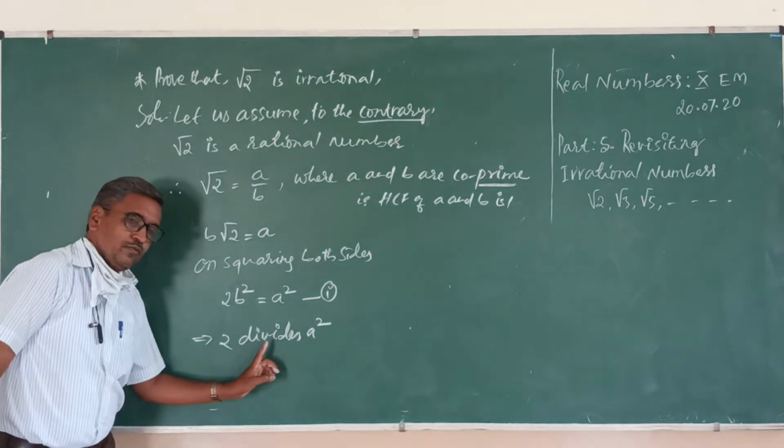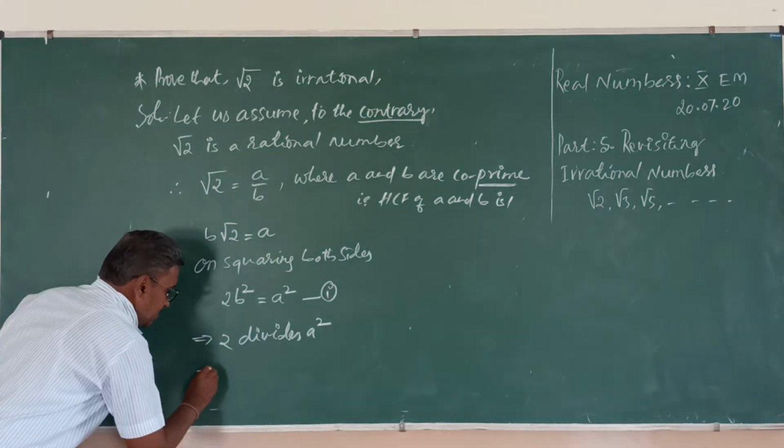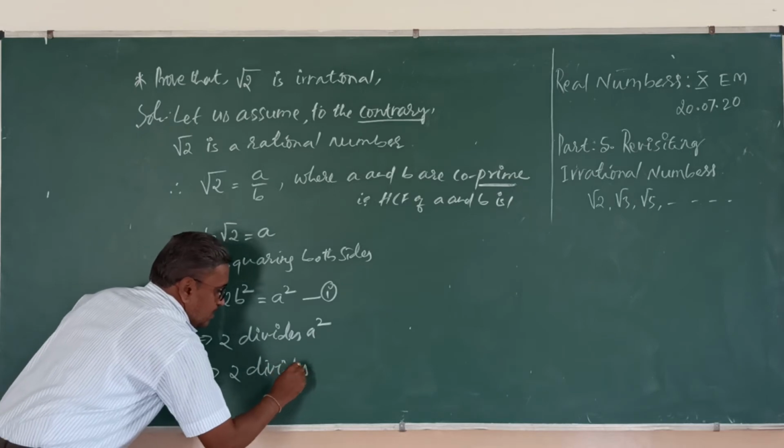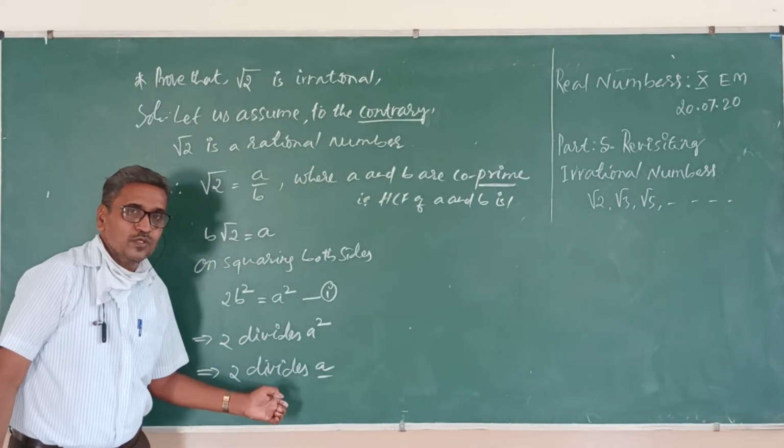So 2 divides a square, and the theorem states that 2 divides a also.